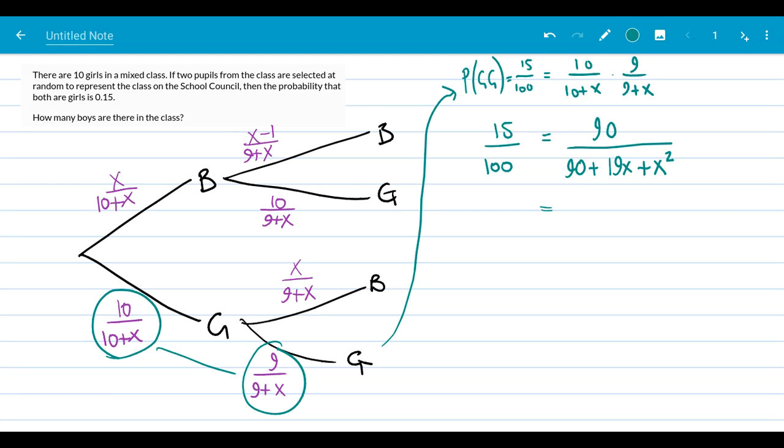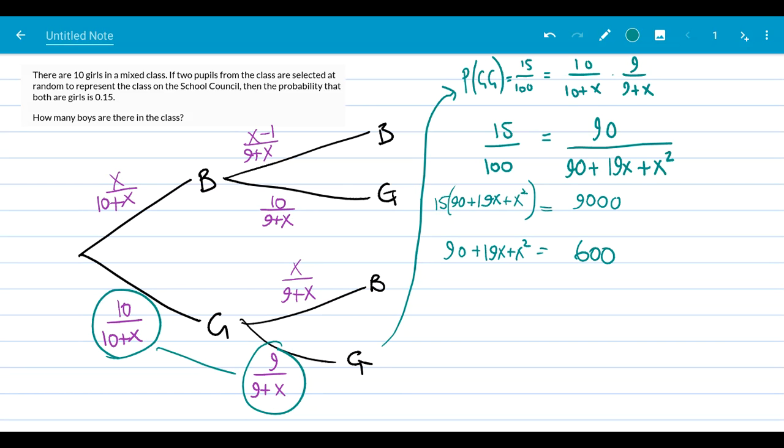So we get 15 times all of that expression plus X squared. And that's equal to 9,000. And then I'm going to divide by the 15, which gives me 600.